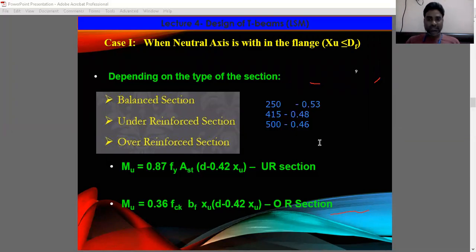So by using these values you can determine xu max, that is the limiting depth of neutral axis.